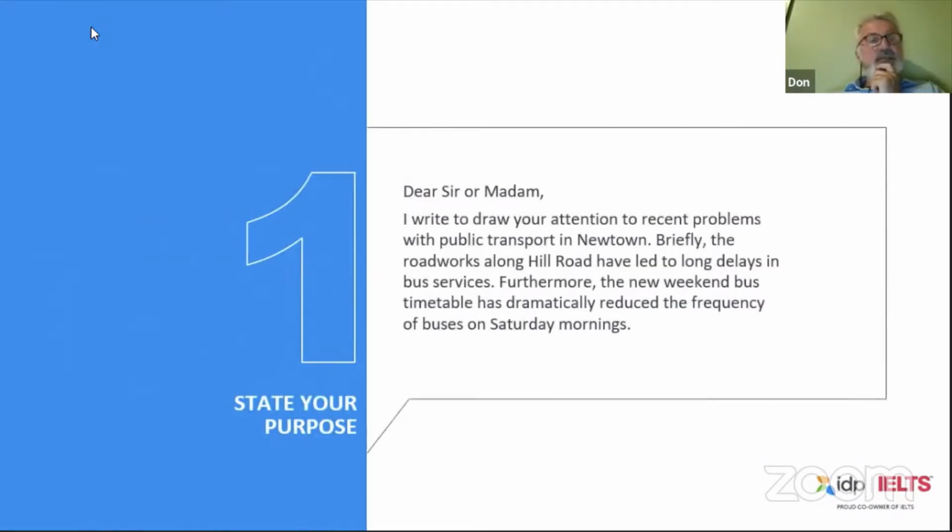This person, of course, begins the letter by stating the purpose of the letter. This is what you must do. Why are they writing? Answer: I write to draw your attention to recent problems, plural, with public transport in Newtown.